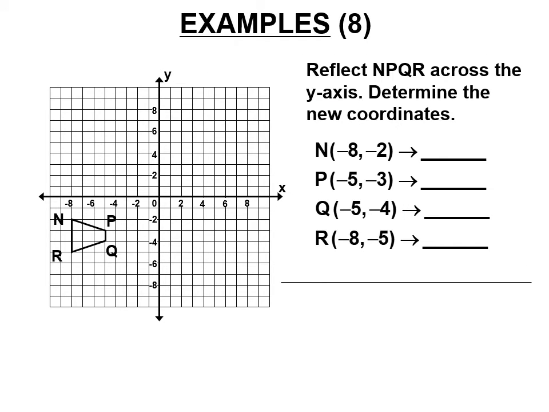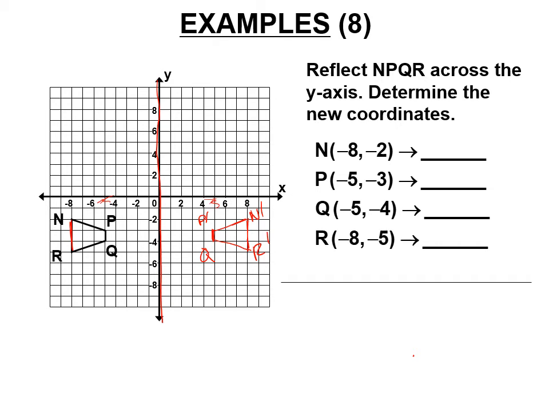Reflect NPQR across the y-axis, so that's across this, and determine the new coordinates. Okay, so we're at -5 there, so this must be at +5 here. And so that'll be P' and that'll be Q'. This back is at -8, so it's going to be at +8.